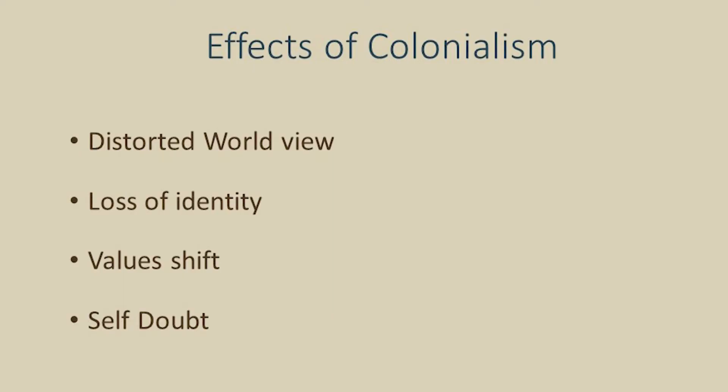Colonialism के इफेक्ट क्या होते हैं सोसाइटी के ऊपर? सबसे पहला इफेक्ट होता है डिस्टॉर्टेड वर्ल्ड व्यू, सेकंड है लॉस ऑफ आइडेंटिटी, थर्ड है वैल्यूज जो है हमारी वो शिफ्ट हो जाती हैं, एंड सेल्फ डाउट. So these are the main four values which I think affect and are very related with my thesis too. Communication के बारे में एरिस्टोटल कहते हैं कि he has observed that man is a social animal. And then चार्ल्स डार्विन की थ्योरी है कि बायोलॉजिकल जो सर्वाइवल है वो डिपेंड करता है एक्सचेंज ऑफ इंफॉर्मेशन के ऊपर.